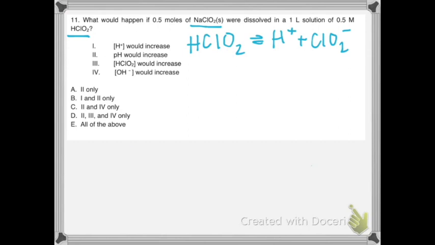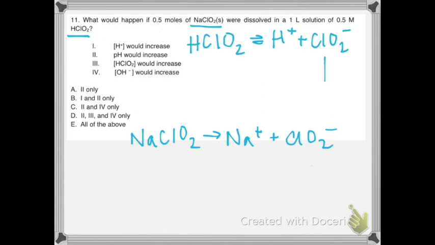So when we look at the sodium chloride, we know that in water, it will totally dissociate into sodium ions and ClO2 ions. So this 0.5 moles that we're adding will contribute to this side.